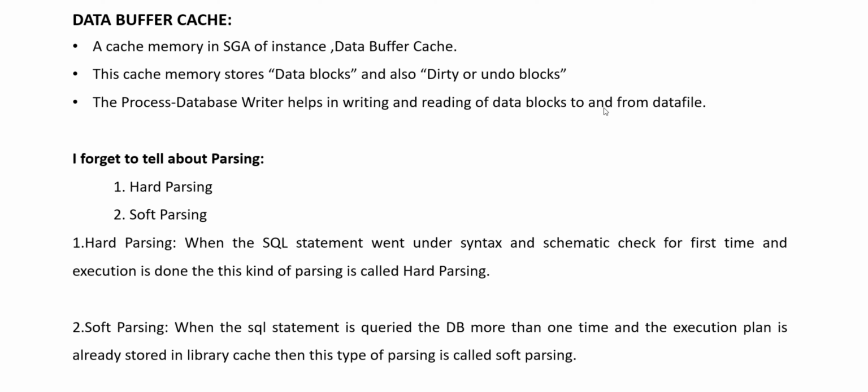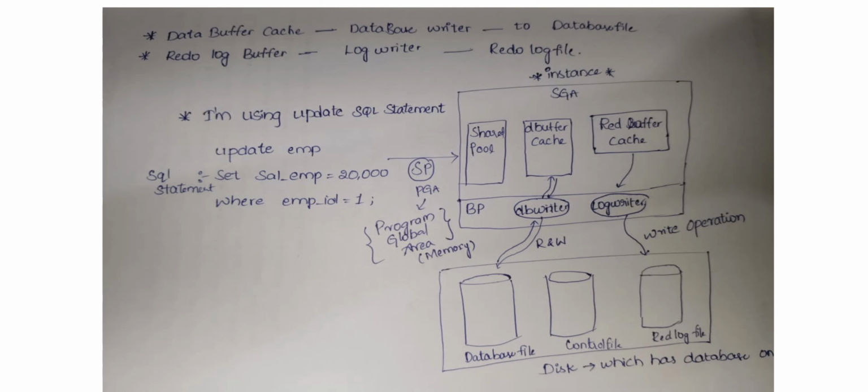Once the SQL statement is stored in the shared pool, it contains two caches: the library cache and the data dictionary cache. These two are responsible for executing the SQL statement. The library cache will do SQL parsing.